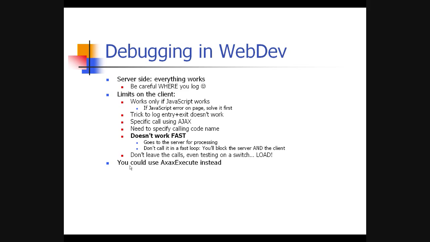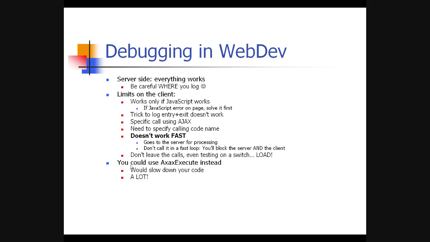If you use Ajax execute instead, then the next line of your browser code will be executed only at the end of that call, which means that you could then put that in a loop and not kill your server totally, because of course one call would be done only when the previous one has been finished, but it would slow down your code a lot.